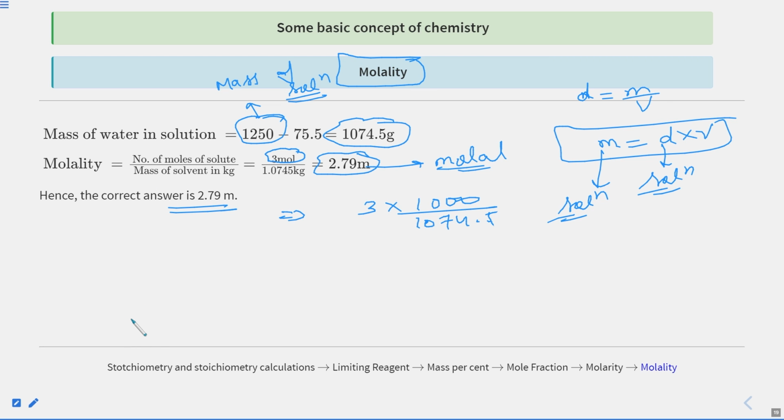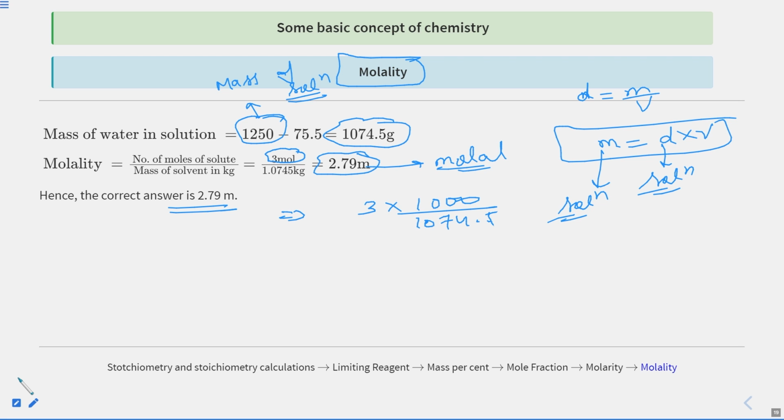I hope you are getting a clear idea how to solve these types of questions, and with this we are done with this chapter. In this chapter we have covered so many important topics. In today's class we first recalled the previous class points, like stoichiometry and stoichiometric calculations.